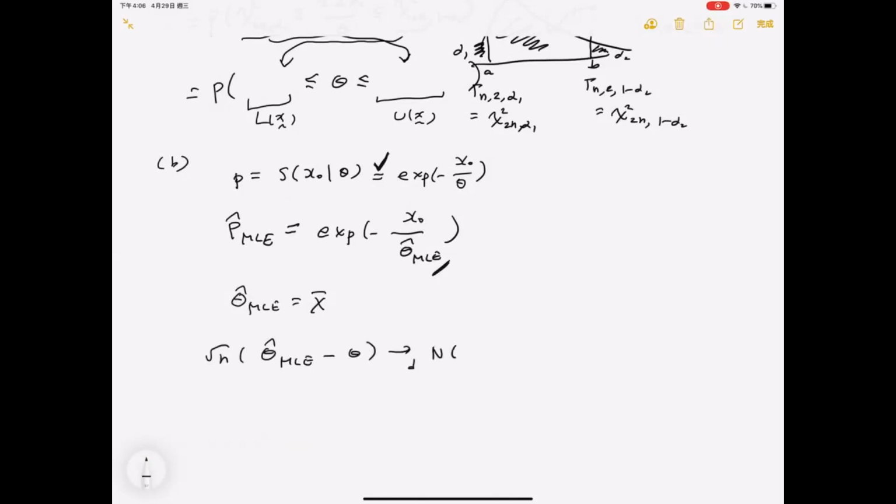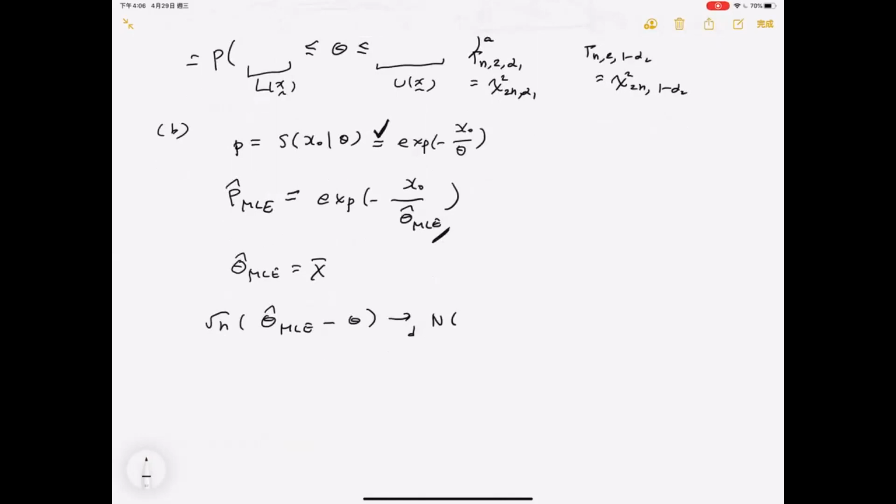Based on theta hat MLE's distribution, like I told you in class, this is normal with mean 0 and then inverse of theta, because it's IID. So I'm looking for I1 of theta, the information number, which is the second derivative of the single PDF.